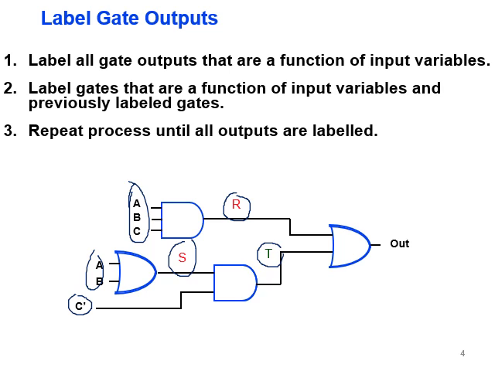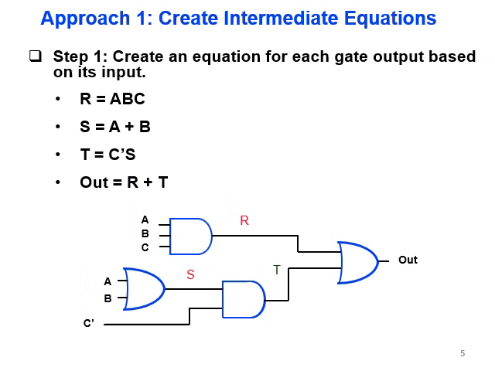And then this represents the intermediate signals, right? Then I move to the output. I will show you the steps. Have a look. This R is the output of this AND gate, right? Which means that it's multiplication. R equals A B C. That's done. Easy? Okay. Now this S is the output of the OR gate. You can see here A, B, so it's a sum, add A to B. Done.